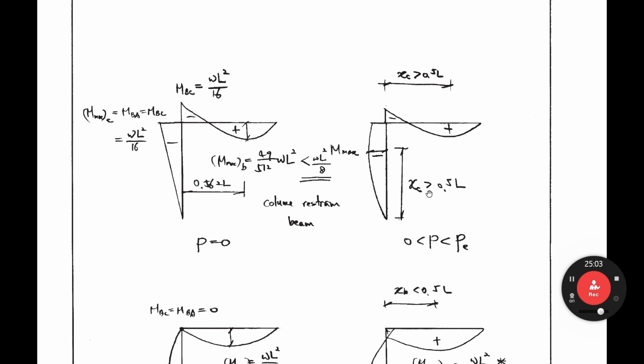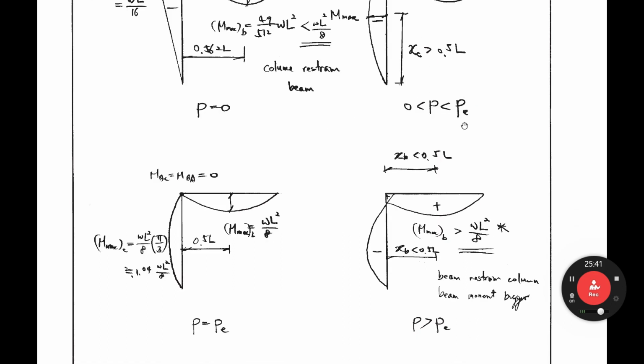The maximum moment location at the column must be greater than 0.5 L, above the mid height, somewhere here. And XB, the maximum moment location within the beam, must be greater than 0.5 L.